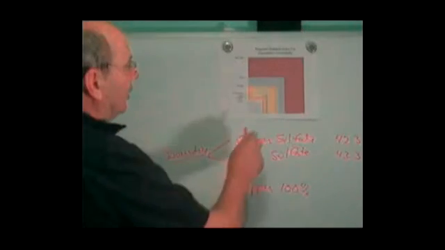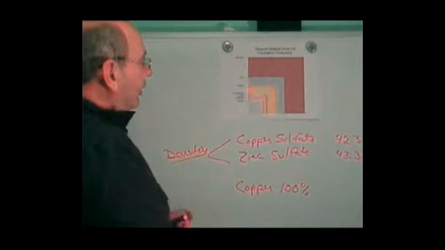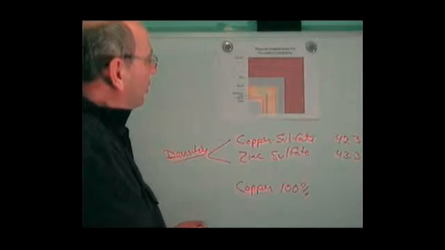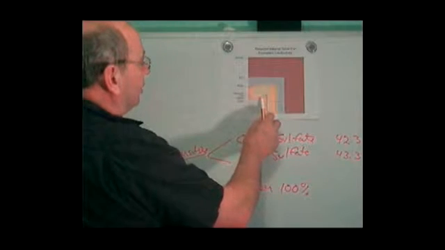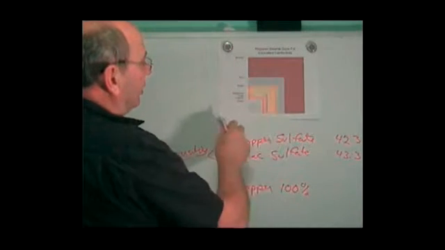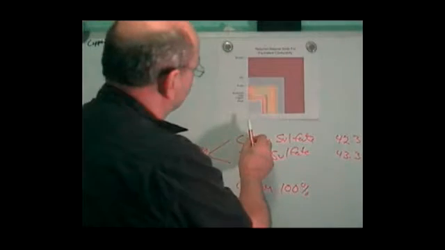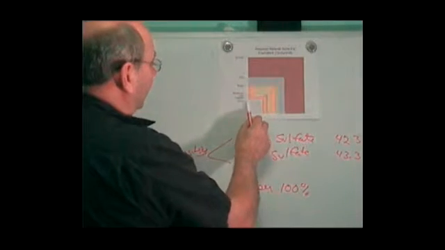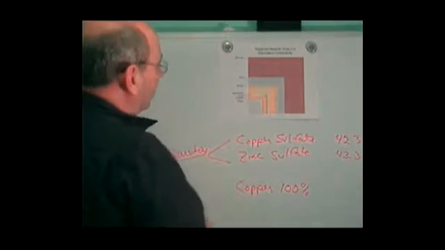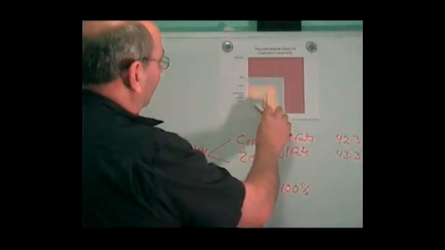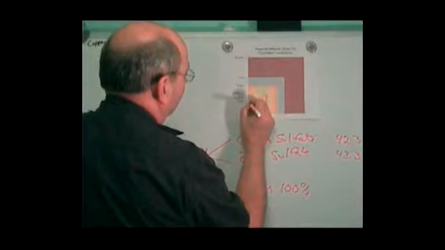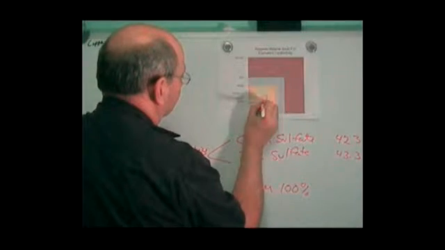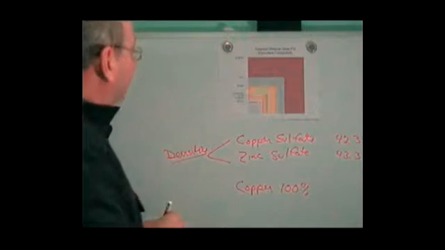You can see where the copper size is here. The silver is very thin, it's in here. I'm not sure why they're showing it so thick on this corner, but silver would really be a thin line like that.